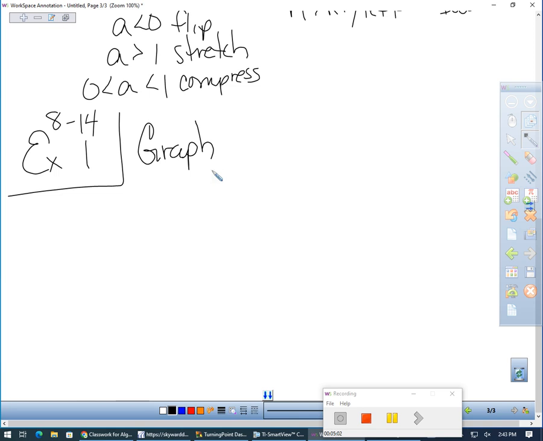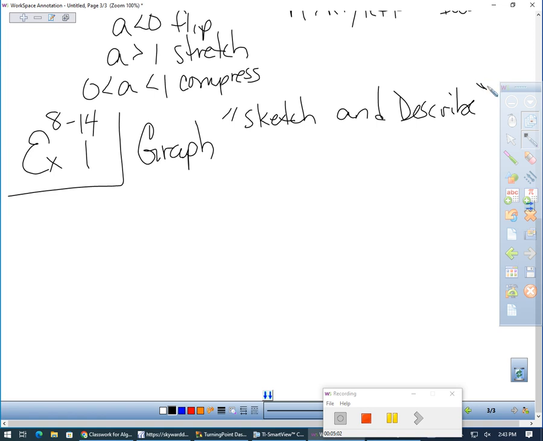What I want you to do is not graph, but I want you to sketch and describe. If you were graphing, it'd be more precise. What I want is you're going to describe it to me, and then you're going to draw a sketch so you show me that you understand where it should be. But it's not exact, okay?